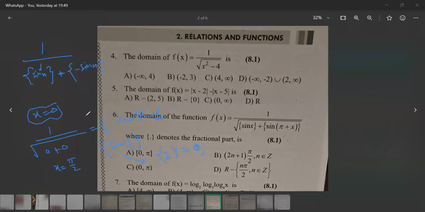Because both these brackets will become 0 plus 0. And if you are getting 0 in the denominator, that means that value of x is not acceptable. So x equals to n pi and x equals to odd multiples of pi by 2, both are not acceptable.